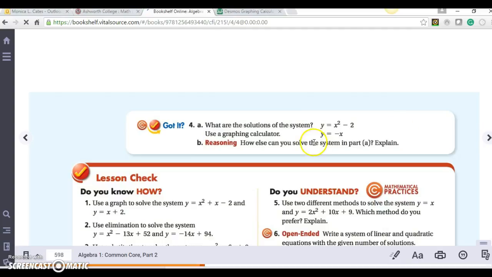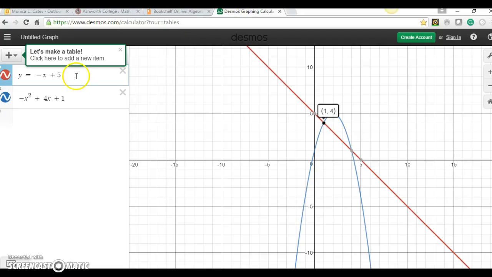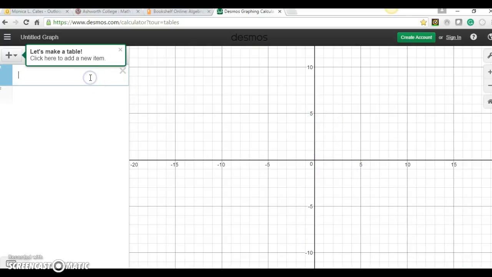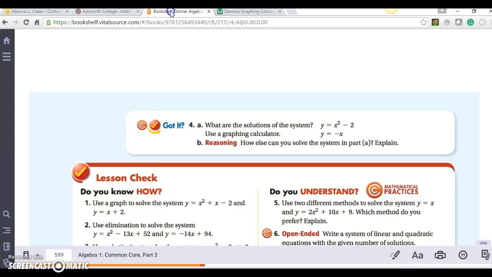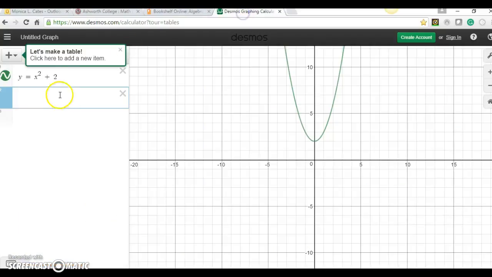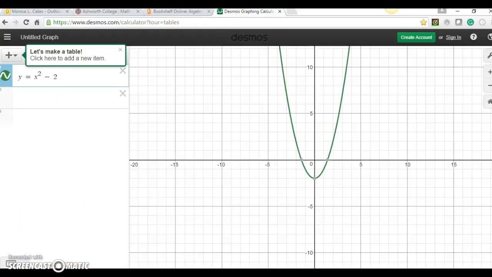So now let's do the next one. It says what are the solutions of our system. So we have x squared plus 2. Oh, sorry, minus 2. That makes a big difference, doesn't it? See how it changed?